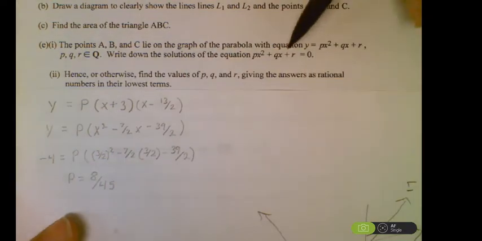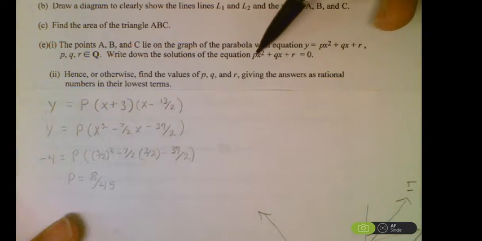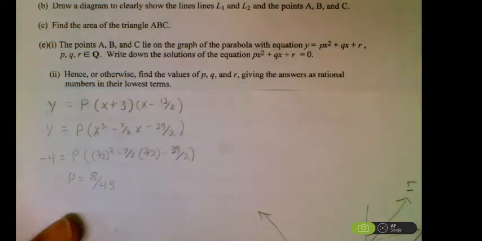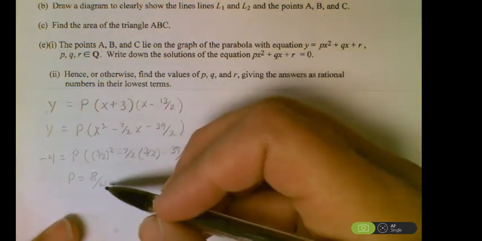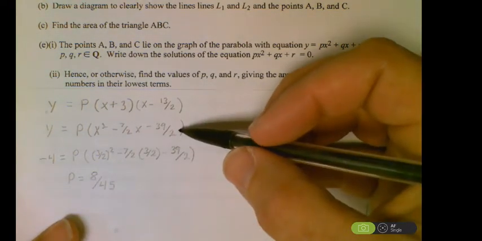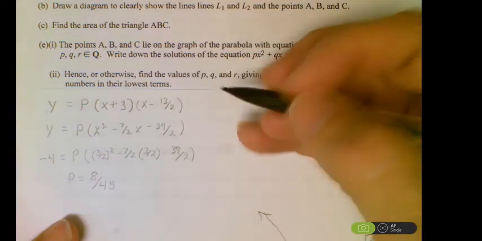We just need to put it back into this format so I can figure out what is sitting here and what is sitting here as our constant for those values. So we just now can kind of go back to this line right here, and I can now replace p with 8 over 45.